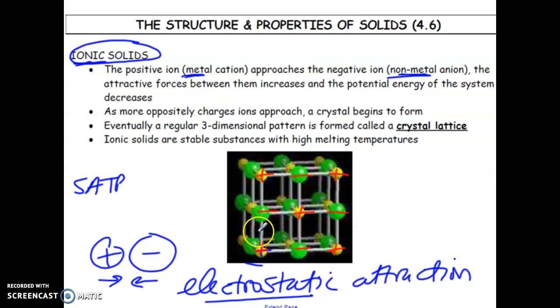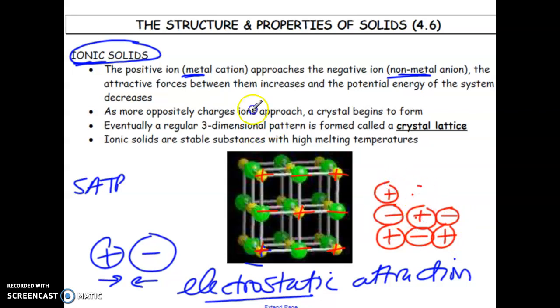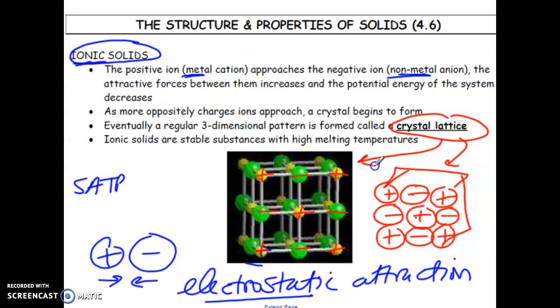So basically you have this cube that's alternating positive and negative ions, right? Imagine if you were to start doing this in the simplest way, then this will take on a cubic structure, right? The term for that is a crystal lattice.